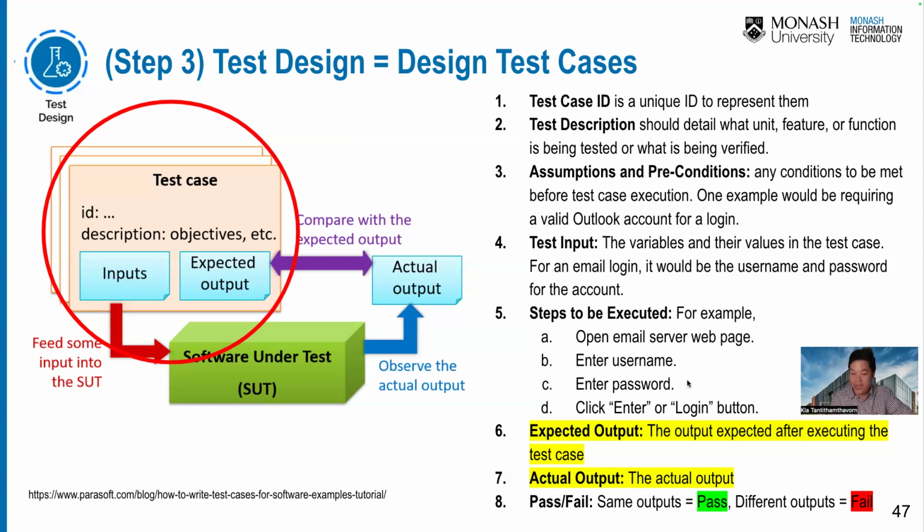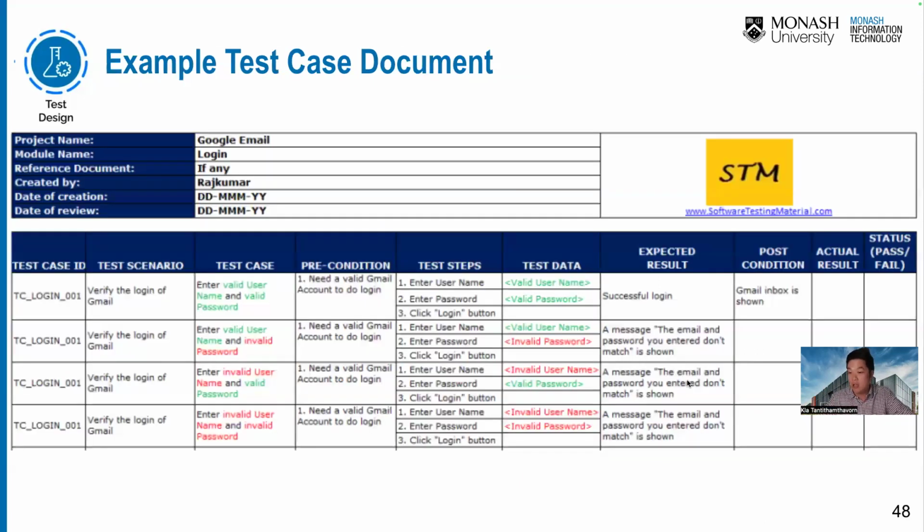Once you create the test case, normally we need to create the test case document to map everything. This is the project name, the project calculator app, and the module name. We talk about the addition and so on. We have different test case IDs, a test scenario, and the test case as well: A equal 1, B equal 1, 1 plus 1 should equal 2.